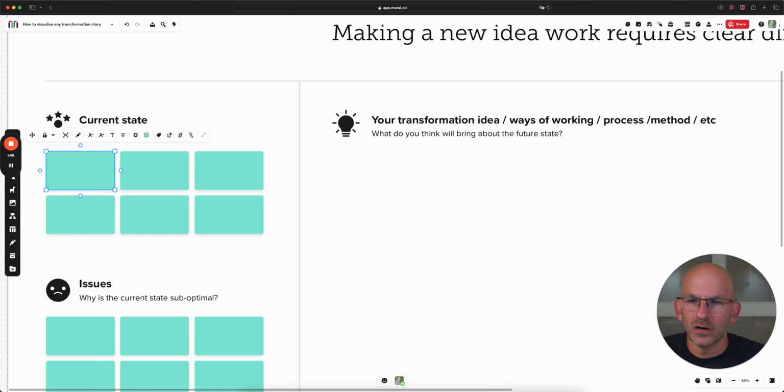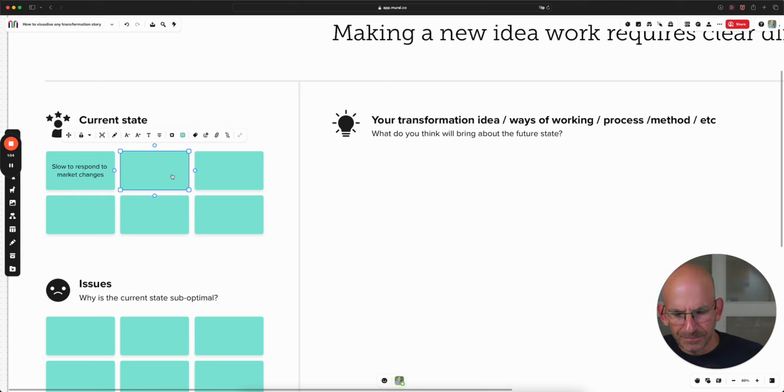Maybe we are slow to respond to market changes. Maybe we don't know how effective our work is in the market. So when we ship stuff, we don't actually know what's happening.